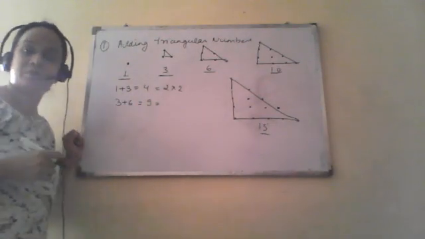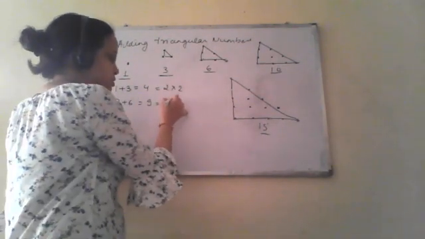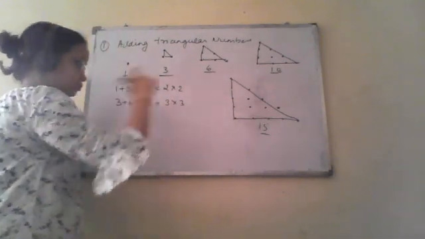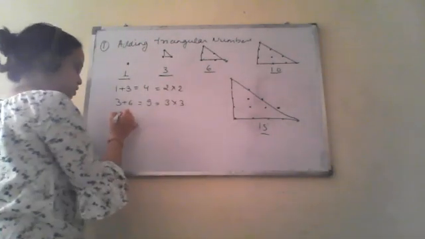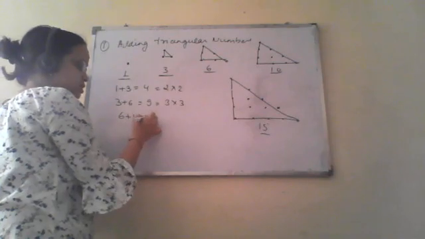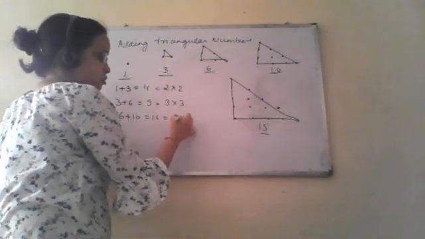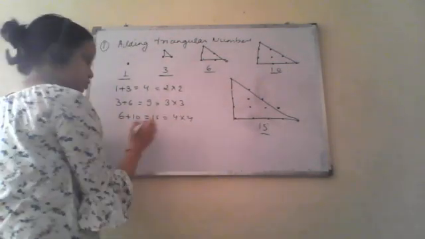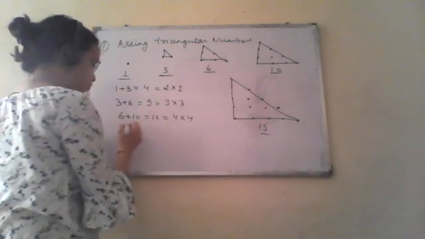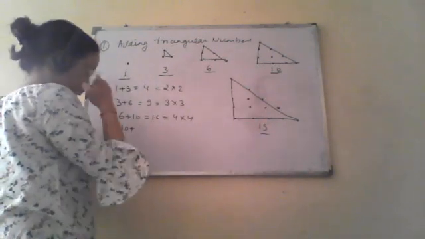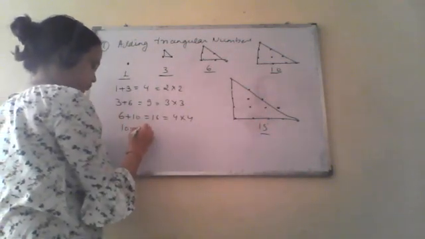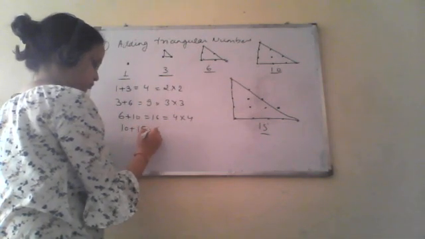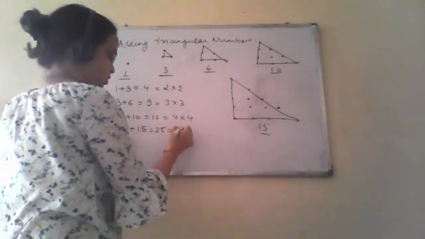Again 9 is a perfect square as it can be expressed as 3 into 3. If we add 6 and 10, that is 16, which is 4 into 4. And 10 plus 15 is 25, which is 5 into 5.